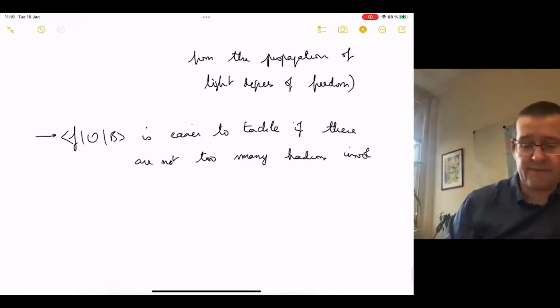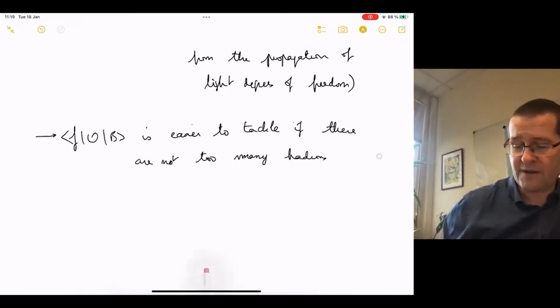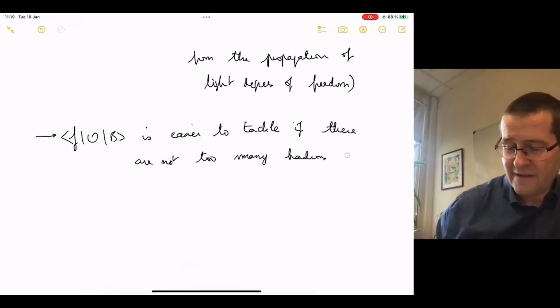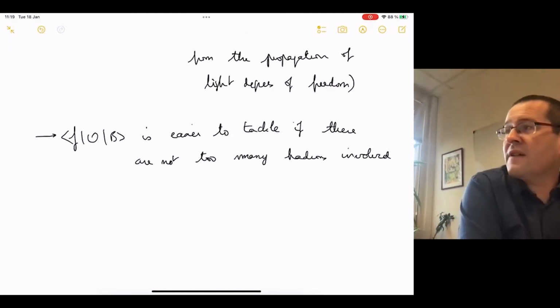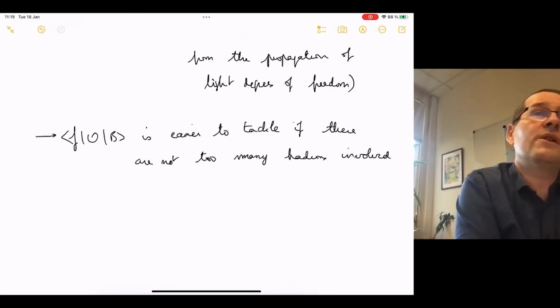Intuitively and in practice, naturally, you can expect that if you have too many hadrons in your final state, they will interact with each other and with your initial state through long distance strong interaction, and that's going to be hell to describe and to understand.